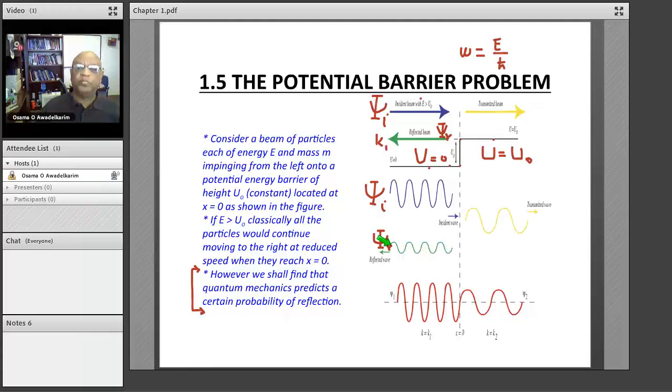Now again, in this region, my wave number is K1, right? So this wave psi r will have the same wave number K1. It will have a different amplitude. As you can see, the total number of particles incident is so large, so the amplitude A_I must be larger than the amplitude A_r for the reflected wave.